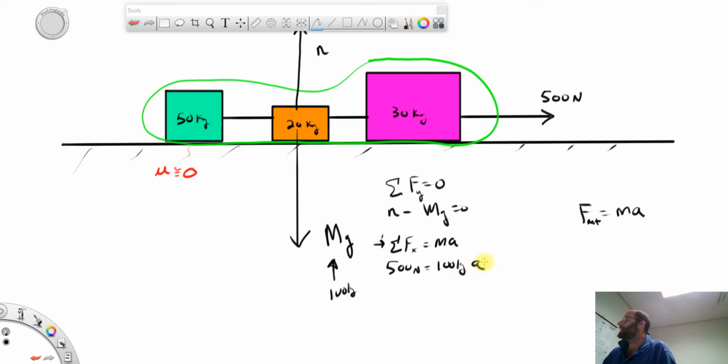So this system is going to have an acceleration of about 5 meters per second squared when we solve that. Unit-wise, by the way, a newton is a kilogram meter per second squared, so it works out to meters per second squared. So there's an example of drawing a free body of a relatively simple system and applying Newton's second law.